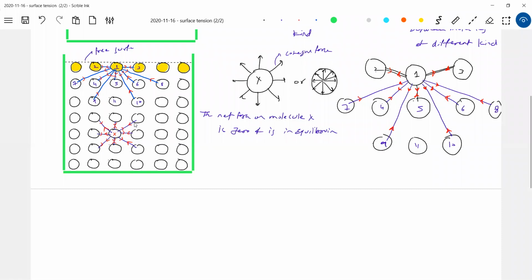Is it possible now that the components of these two forces can balance? Yes, definitely.